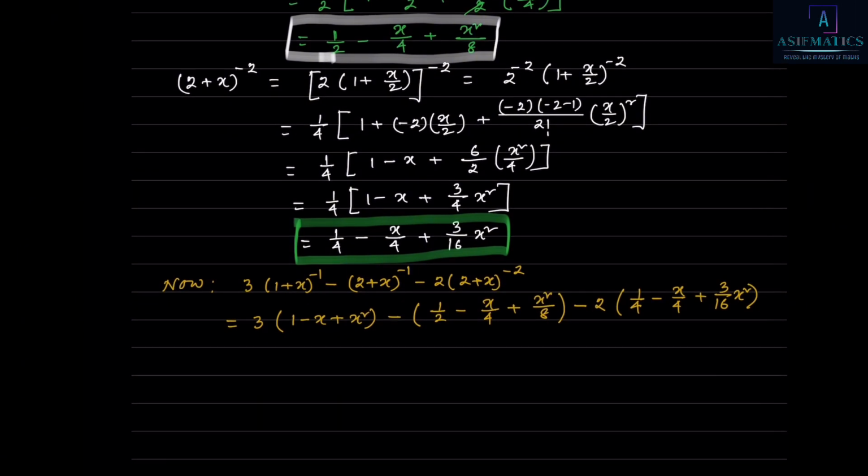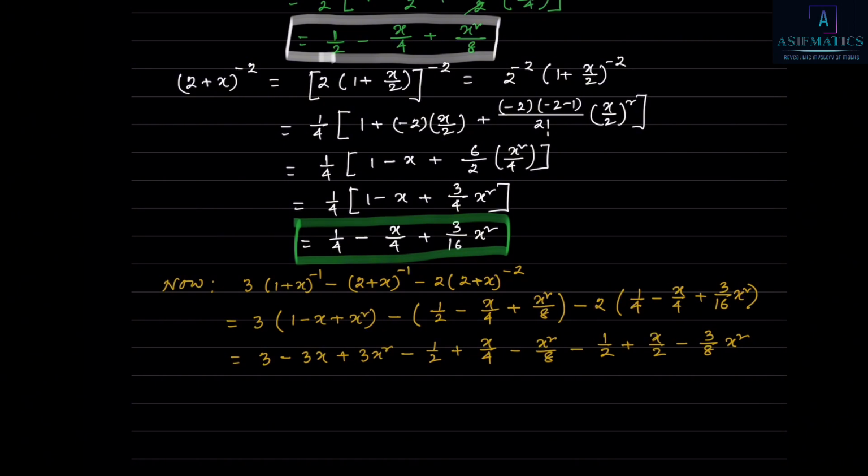Now you just need to simplify. So if we simplify, we can get this one: 3 minus 3x plus 3x square minus 1 by 2 plus x by 4 minus x square by 8 minus 1 by 2 plus x by 2 minus 3 by 8 x square.